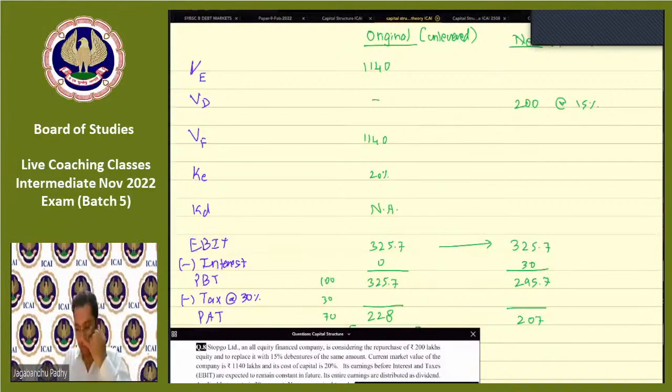So how do I get value of firm of a levered entity? Any formula that we have got? MM model with tax, we have a formula, right? You remember we have just done it in the previous class.